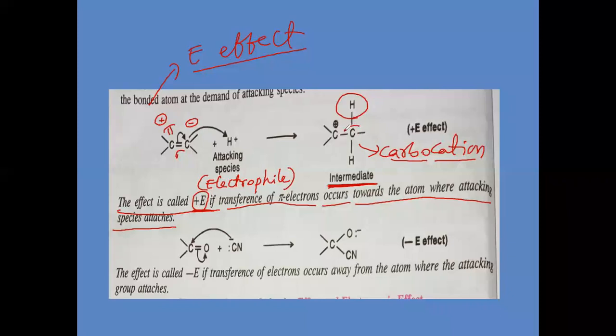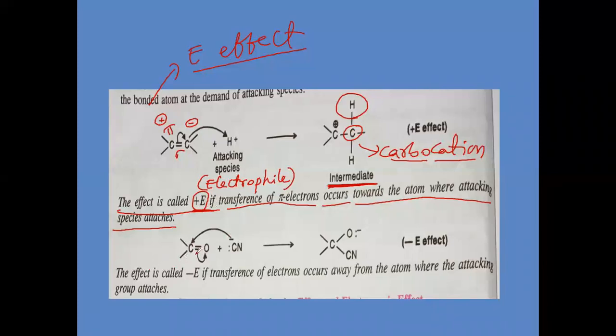The attacking species is hydrogen, attached to the carbon on the right side. The pi electrons are also transferred to the right side. The attacking reagent is attached on the right side. So this is called plus E effect, positive electromagnetic effect.